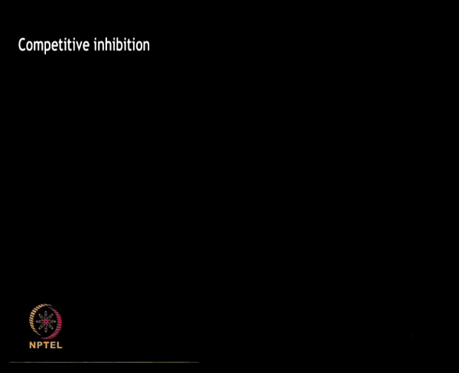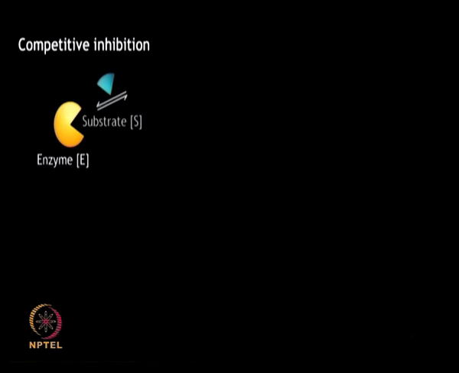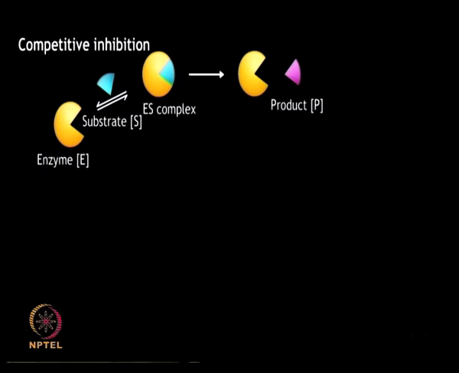In competitive inhibition, the inhibitor molecule is structurally similar to the substrate and therefore binds to the enzyme at the active site. Binding of inhibitor prevents substrate from binding, thereby decreasing the reaction rate.